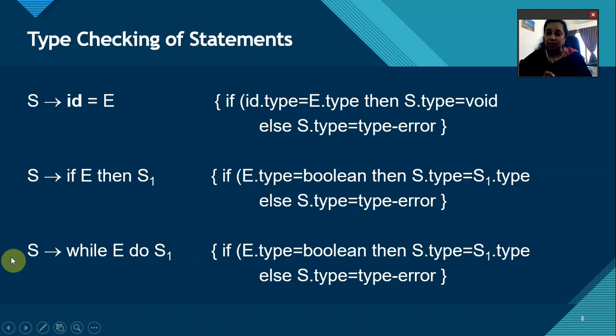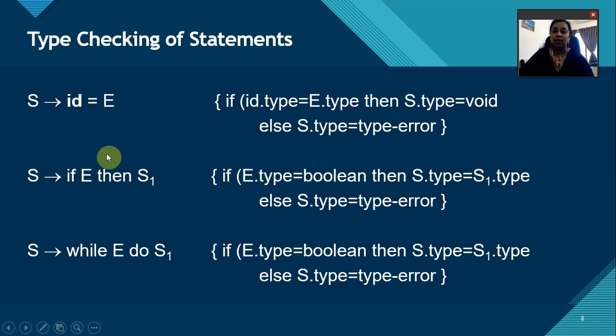Now you might ask me a question saying that in the then part or in the do part, you will have not only one statement, but a set of statements. So when I have a set of statements, every statement will be evaluated, put together, and if some statement contains an error, the S type would be an error. We'll say S1, S2, S3, and if S1 is an error, then it is an error, or else it is not.